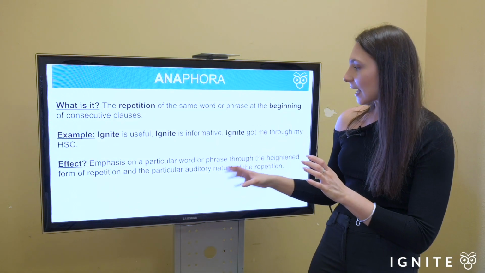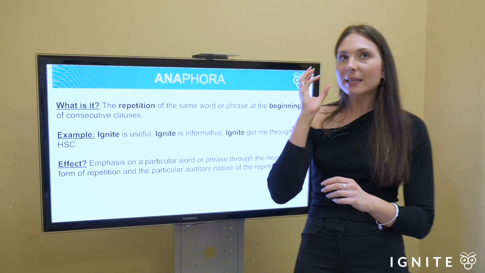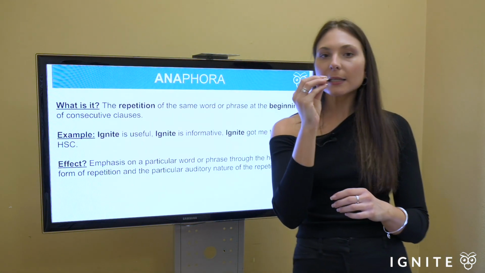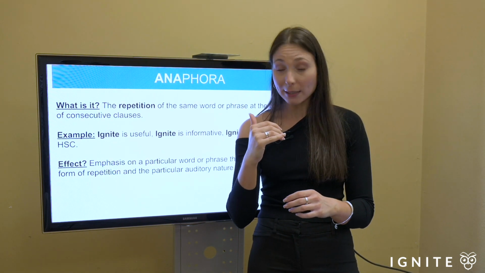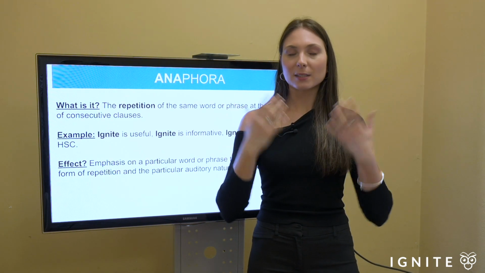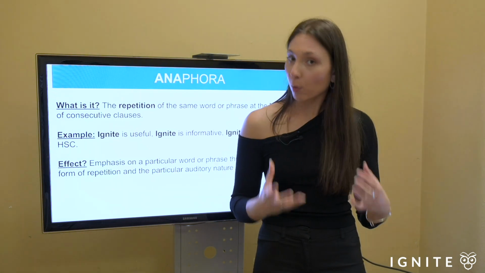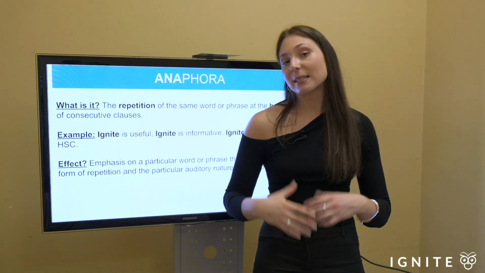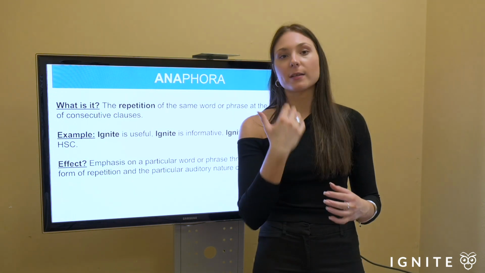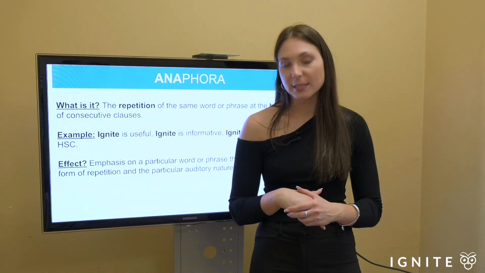So the effect is the emphasis and the auditory impact. Typically Anaphora happens 3 times in the text in consecutive order. The auditory impact is it really does emphasise the importance of that word on the responder's mind, and it exaggerates its value and makes it obvious to that person responding to the text.